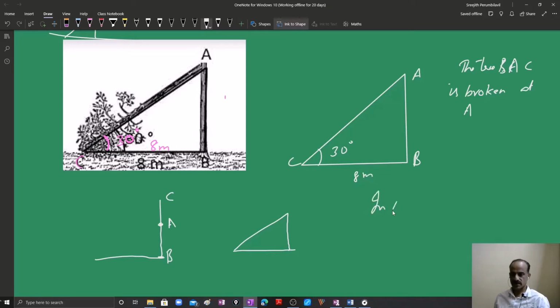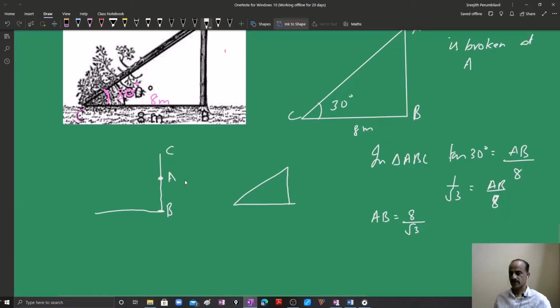So in triangle ABC, tan 30 is equal to opposite side by adjacent side, that is AB by 8. That is, 1 by root 3 is equal to AB by 8, or AB is equal to 8 by root 3.